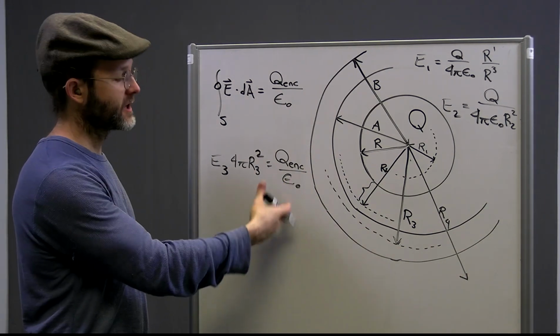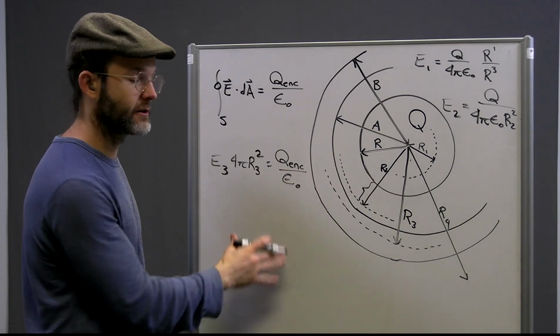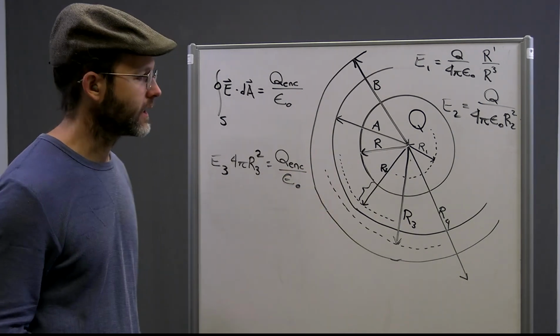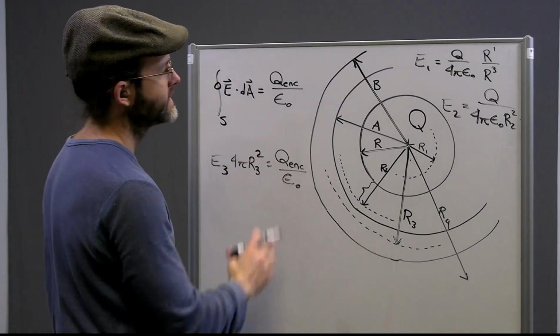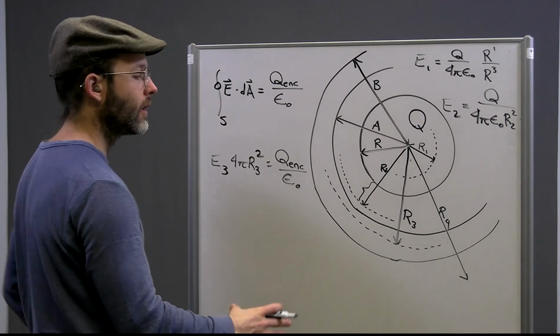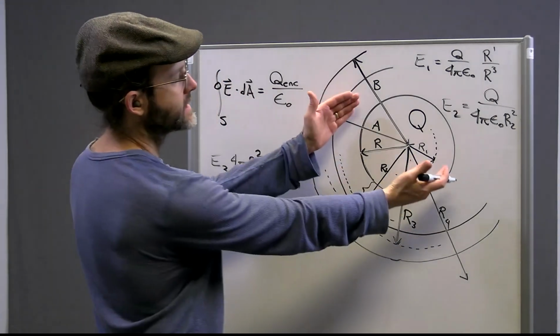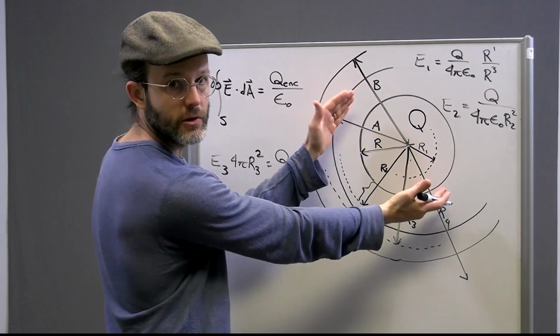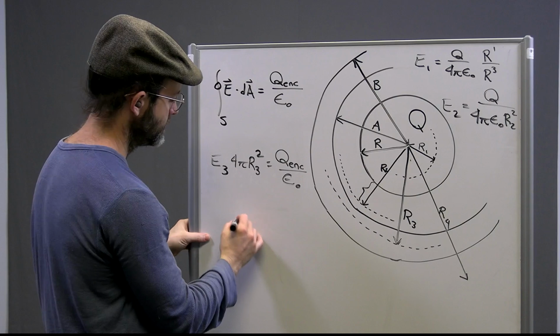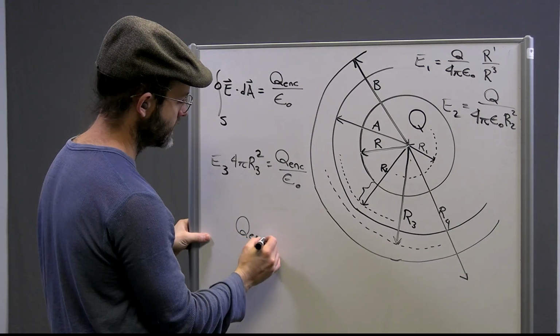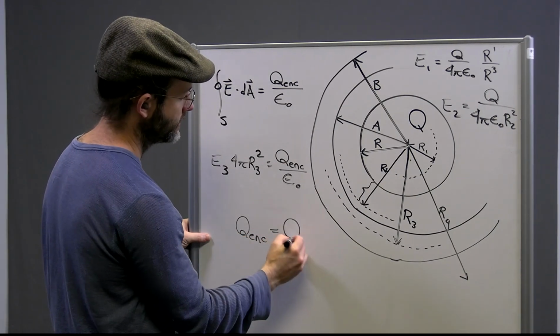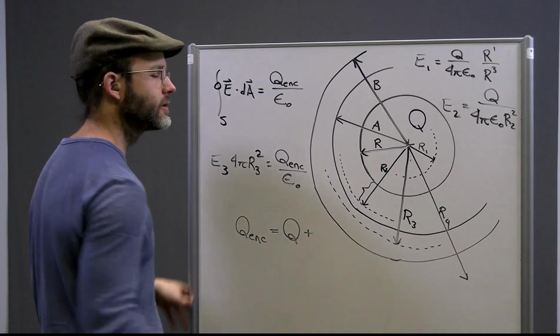The further completed analysis of this particular case was a surprise to me when I first saw it. What is Q enclosed? That's the question. Well, because this is our Gaussian surface, we know that we have the entire charge Q inside there. So Q enclosed is going to include Q. It's going to include something else though.